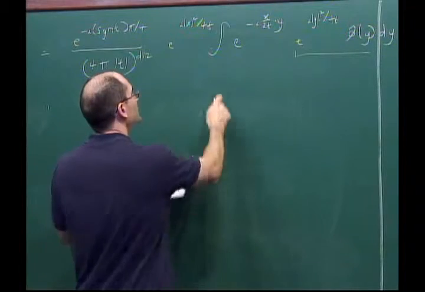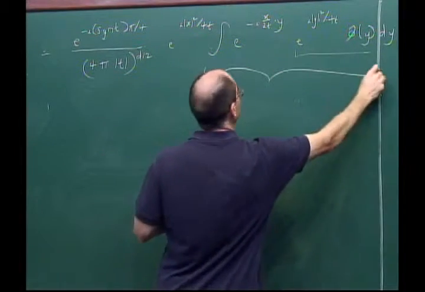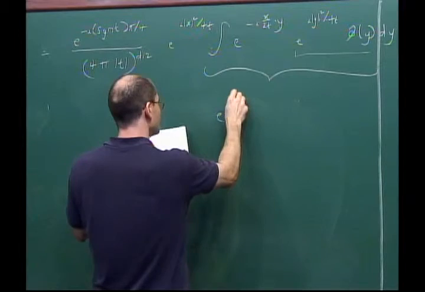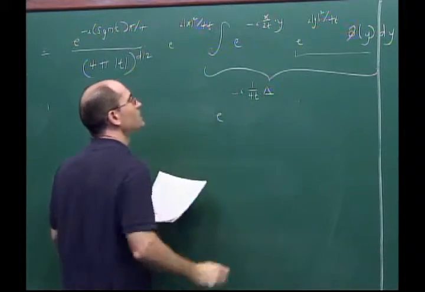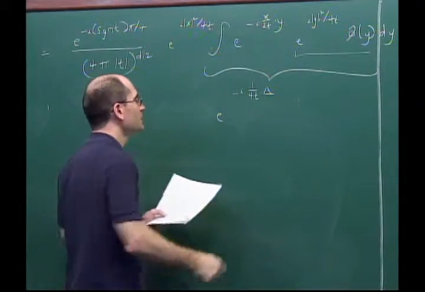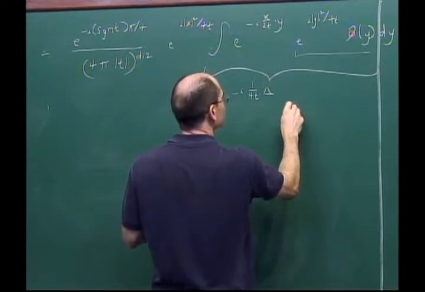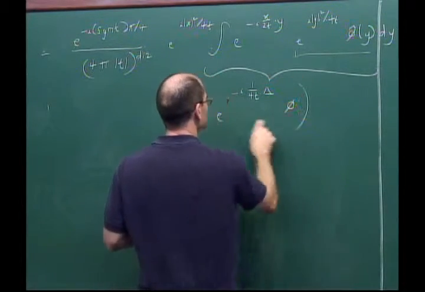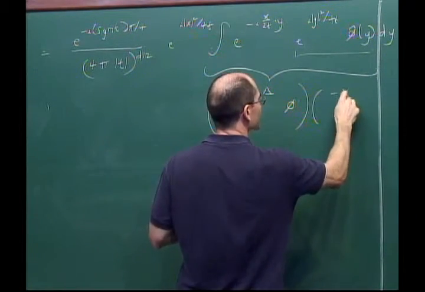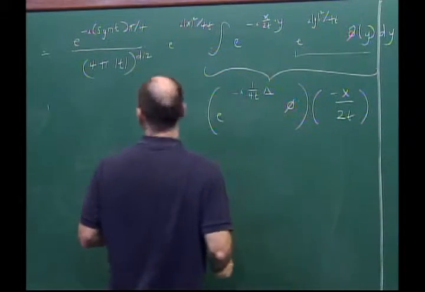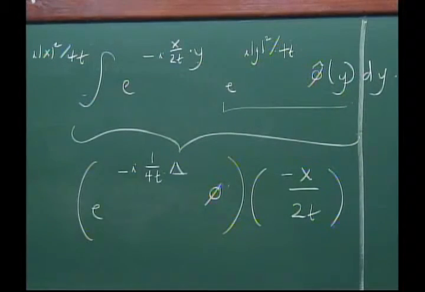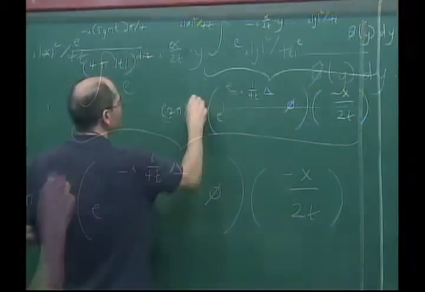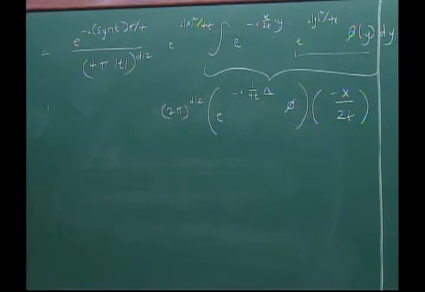And so that can be written as e to the minus i, with 1 over 4t, that's the new time, Laplacian of phi evaluated at minus x over 2t. And that's if you borrow 1 over 2 pi to the d, so 2 pi to the d over 2.